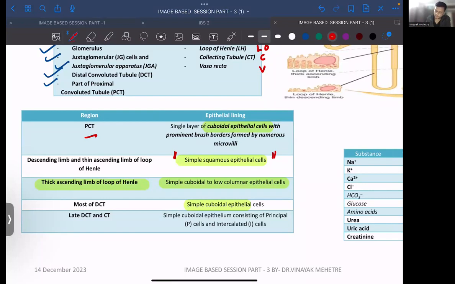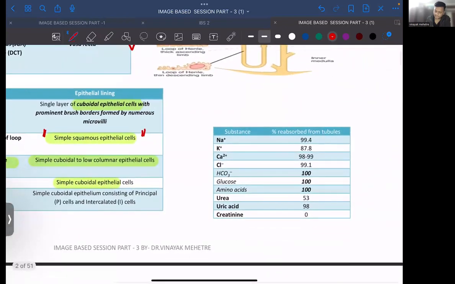Then comes the ions which get absorbed in the tubules. Remember a hint: you don't have to memorize everything. Whenever you get a question on which part absorbs maximally in the nephron, the answer is always going to be PCT, the proximal convoluted tubule. 100% absorption of which ions happens in PCT?